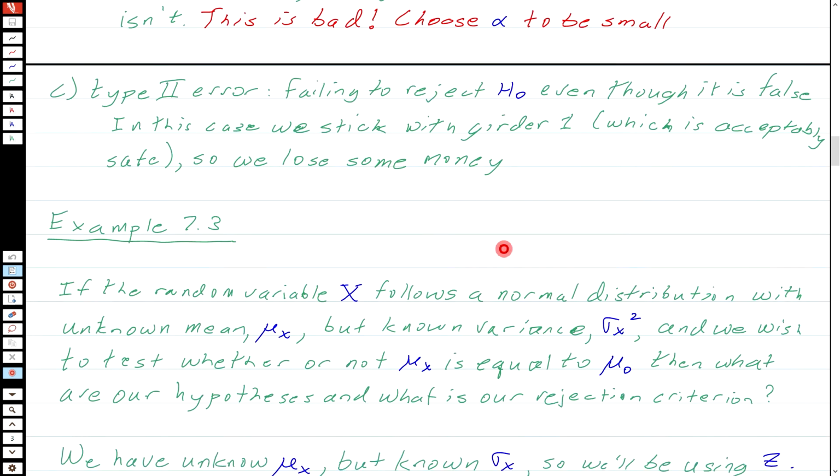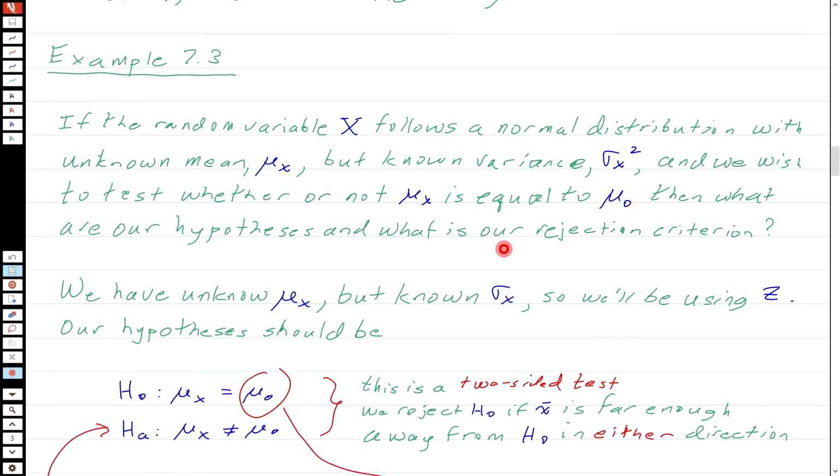Okay, another example. If the random variable x follows a normal distribution with unknown mean mu of x, but known variance, so we know what the variance is, that means we're going to be talking about z in this calculation. And we wish to test whether or not mu x is equal to some prescribed value, mu naught. Then what are our hypotheses and what is our rejection criterion?